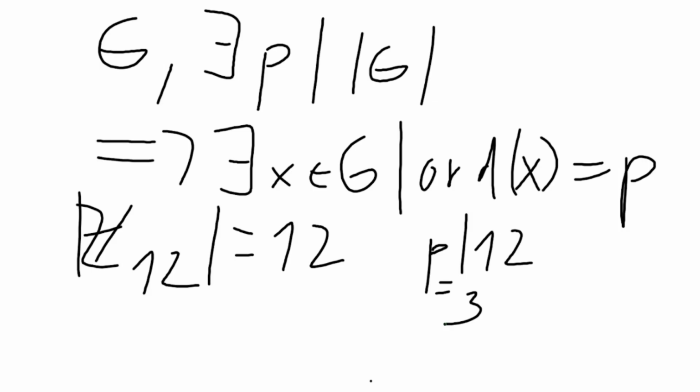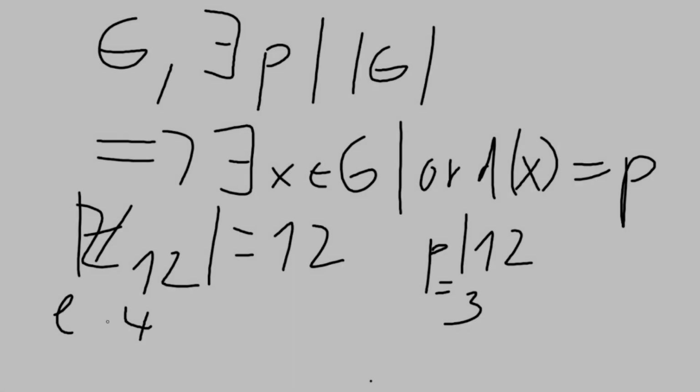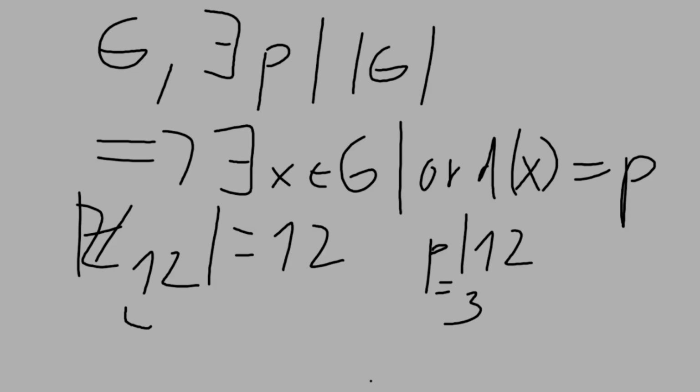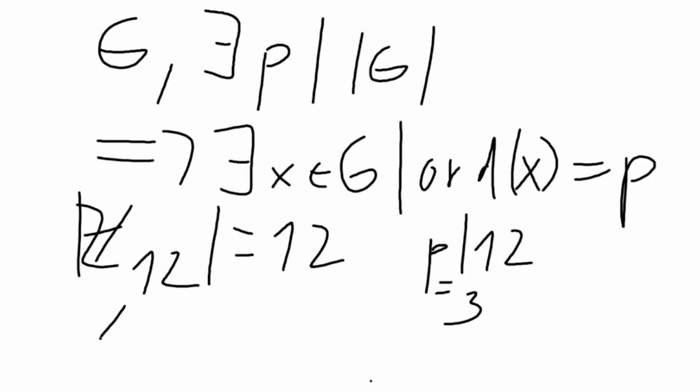Well, 4 works, because if this element is 4, that X, so actually let's not call it E because that's usually the mark for the identity element, but so let's say X is 4, then that works, because 4 times 3 is 0 or congruent to 0 modulo 12.